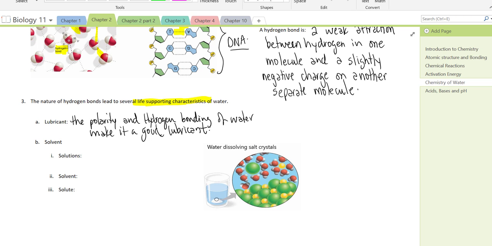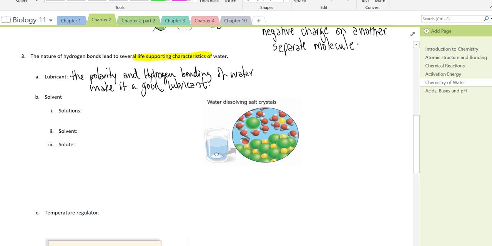There's a lot of friction. It's not very effective. Putting water in between your hands would be a little bit like putting a pen or a pencil between your hands and now rubbing your hands back and forth, right? Maybe you can hear it, but you've got much less friction. And the polarity of water is what allows that change in friction to occur, less friction. So water is a great lubricant because of its hydrogen bonding.